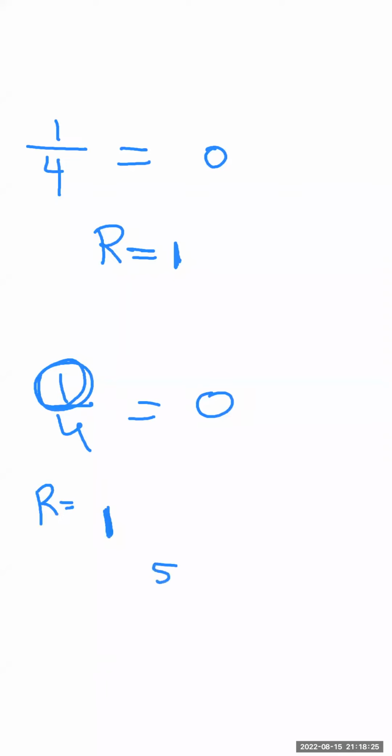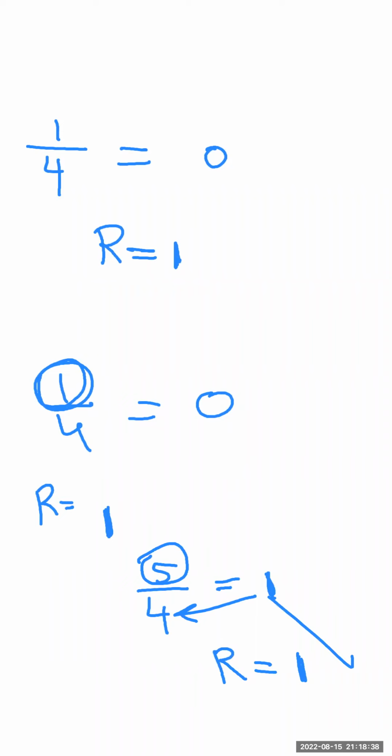Like 5/4, it will equal 1. Then the remainder equals what? It will equal 1. How? I just multiplied 1 times 4 equals 4, then the remainder from the number is only 1. Correct? Yes, correct. Okay, what about 2/4? It will equal 0 also.